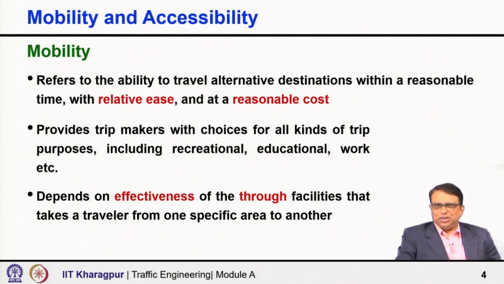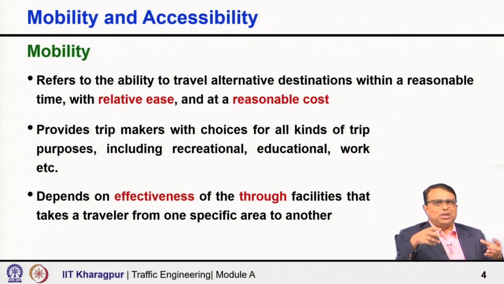Because obviously, when you start from your home, it is the local roads, the residential area roads, and at the destination end also it may be local roads which are primarily providing the connectivity. So, you do not expect to travel very fast on those facilities, but the overall journey time will largely depend on how good or how effective the through facility is.